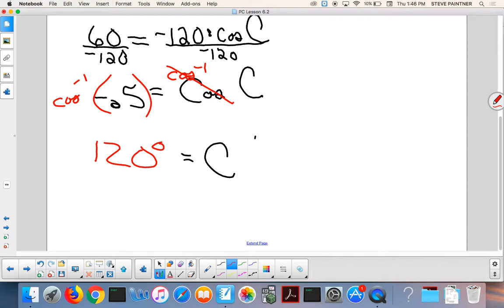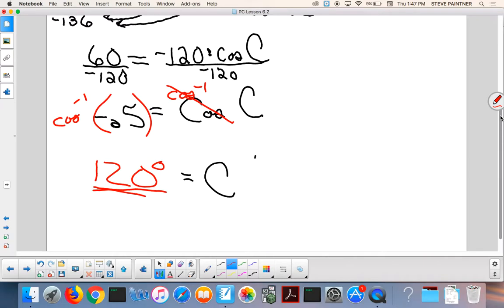Because it's obtuse, but why did it come out obtuse? Because cosine is negative in the second quadrant. Where if your ratio is negative, where's cosine negative? Quadrant 2. And your calculator is programmed to give you positive ratios here and negative here for cosine. So you're only going to get positives here and negatives here. You got a 120, you got obtuse going on.